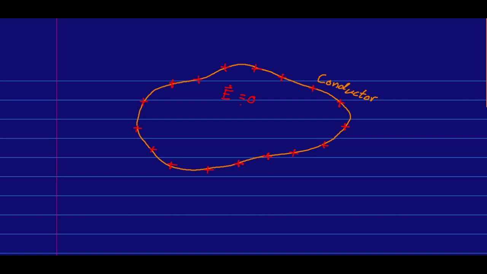Closely spaced means large field, and so a zero field means the equipotential curves are infinitely far away from each other. Or in other words, this is a region of constant potential. And so this is in general true, that for any conductor in equilibrium, the potential is the same everywhere inside the conductor.